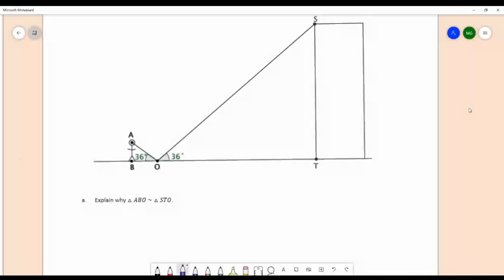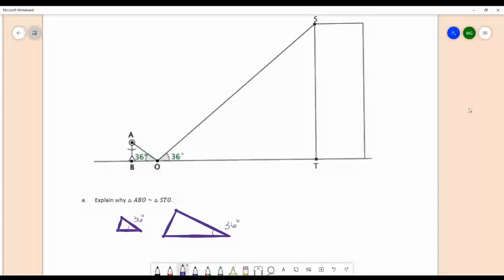So I'm going to draw our two little triangles. And I am going to flip this triangle around so that I can align my sides. I know that this angle in both of these is 36 degrees because they share it, it was the same.